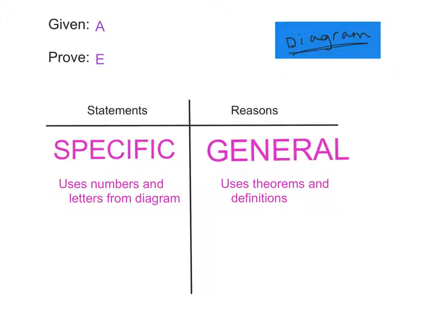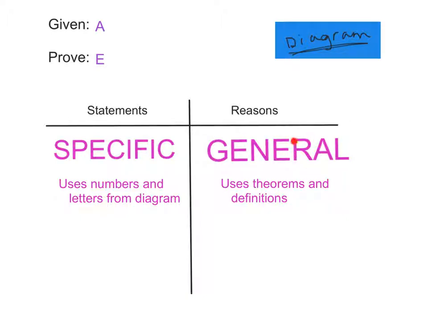What does that mean? That means we're going to use theorems and definitions over here. If two segments are perpendicular, then they form a right angle. Or if a point is the midpoint, then it divides a segment into two congruent segments, and things like that. Now notice I didn't say, oh, point B is the midpoint, therefore it divides.